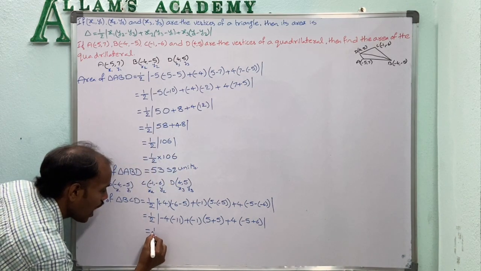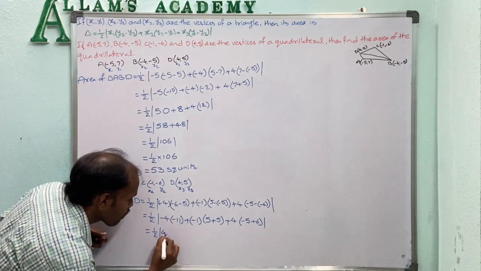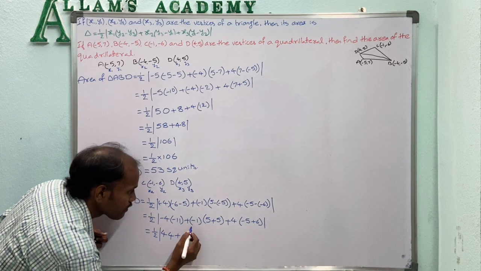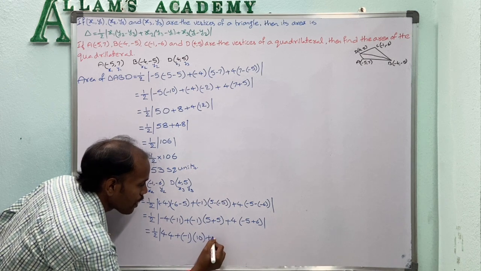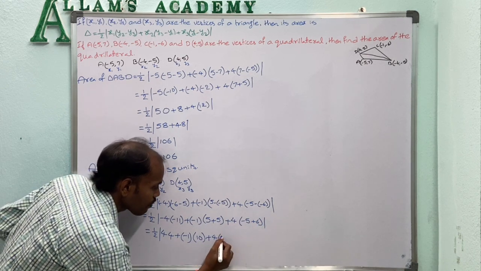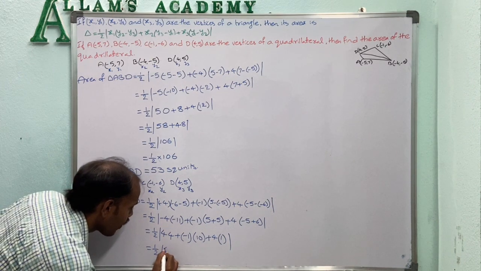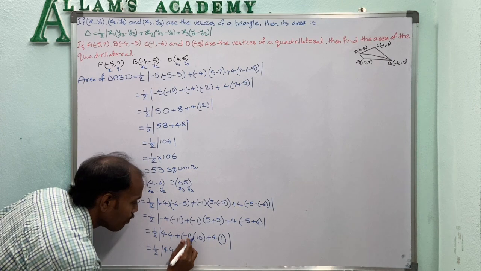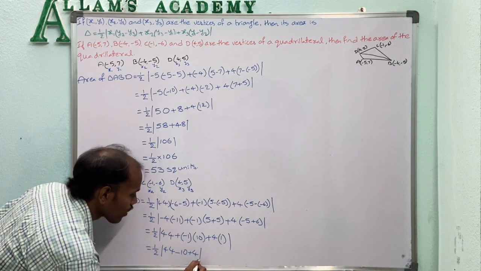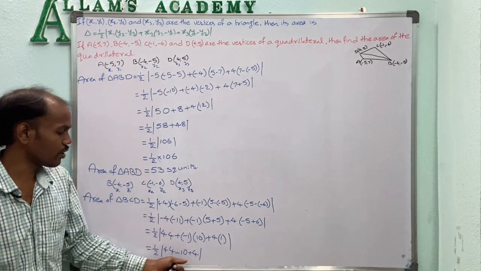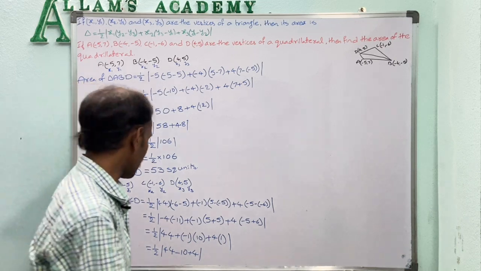That equals half mod of -4 into -11, that is plus 44, plus -1 into 10, that is -10, plus 4 into 1, that is 4. So 44 plus 4 is 48, and 48 minus 10 equals 38.